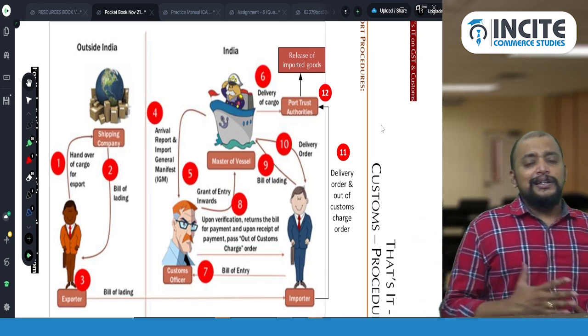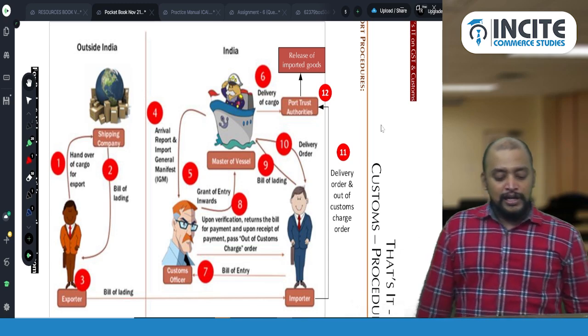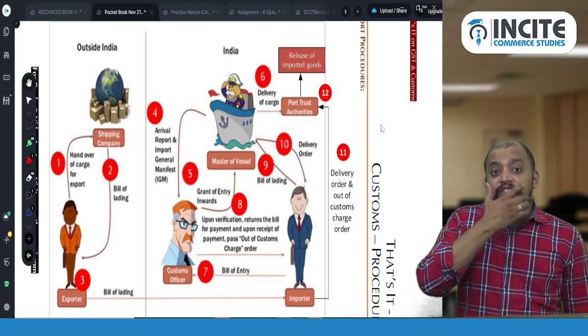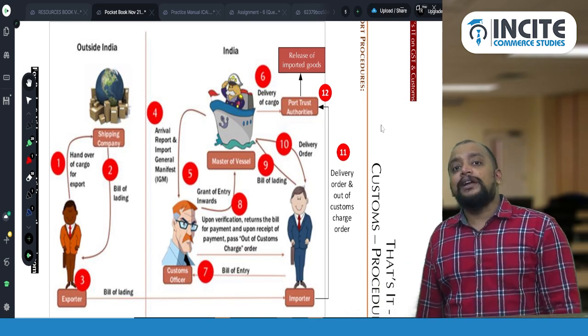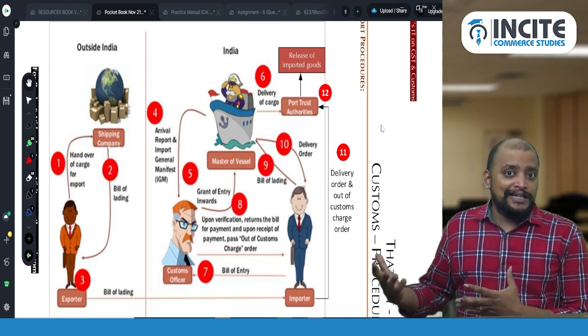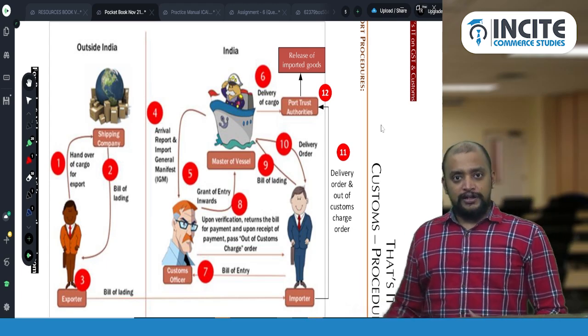So first, there are total 5 parties in this transaction: the exporter, the shipping company, the person in charge of the vessel, that is the captain of the ship, the customs officer and the importer.